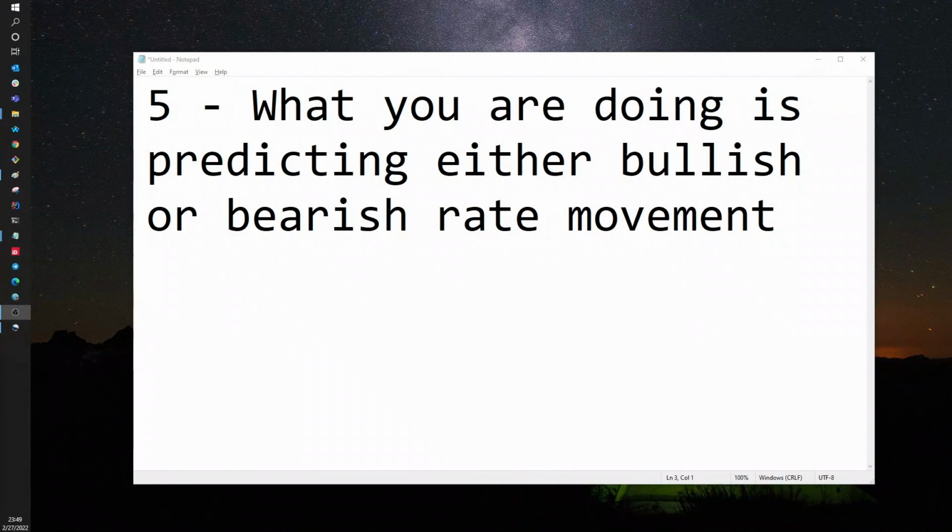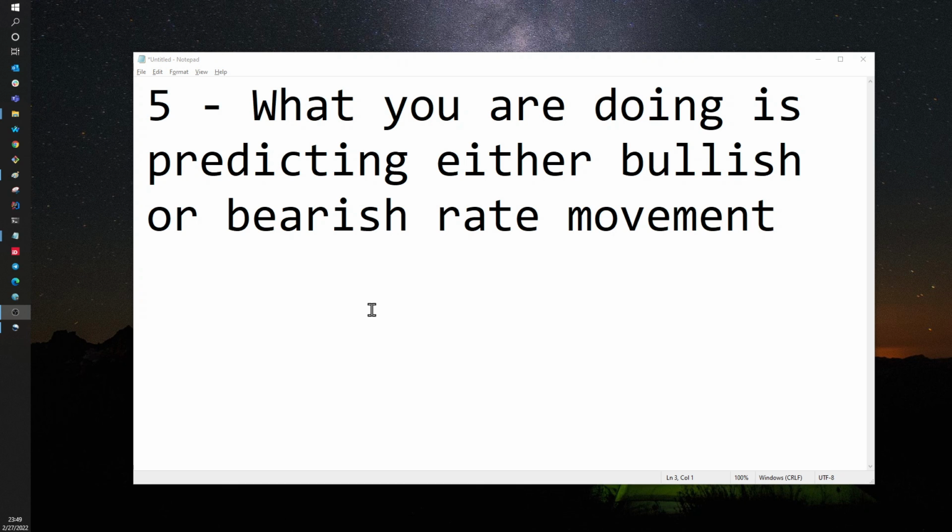Okay, so if we're not buying and selling anything and we're not taking possession of anything, what is it exactly that we're doing? All we're doing is looking at an exchange rate over time. And you're speculating whether the exchange rate is going to go up, bullish, or go down, bearish. Based on that, you put in an order.